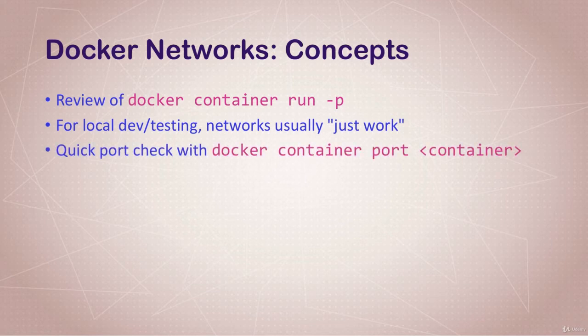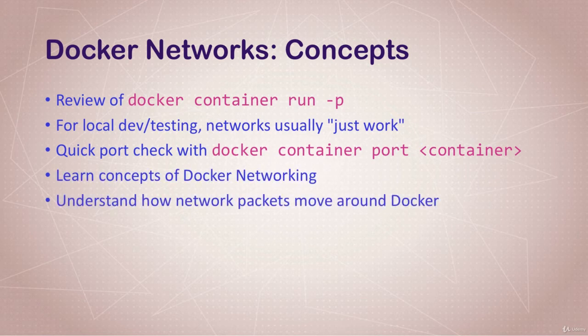And then we learned about the container port command, which is a quick way to look at the ports exposed for your particular containers. And then we broke down the packets moving around virtual networks and how those relate to other virtual networks and how they get in and out of your Docker machine. So these are all really good concepts to understand as we jump into the actual CLI stuff in the next lecture.